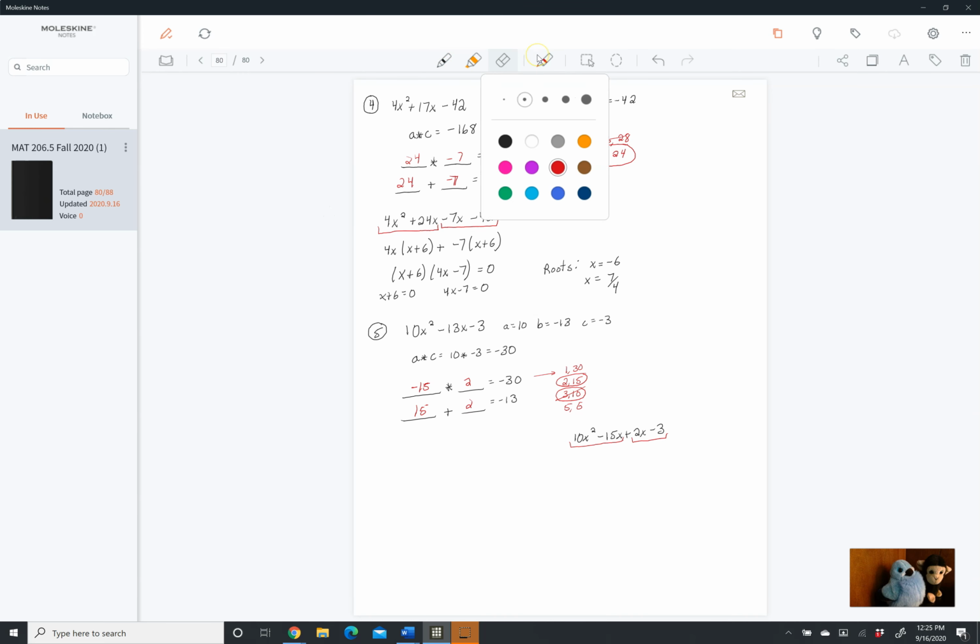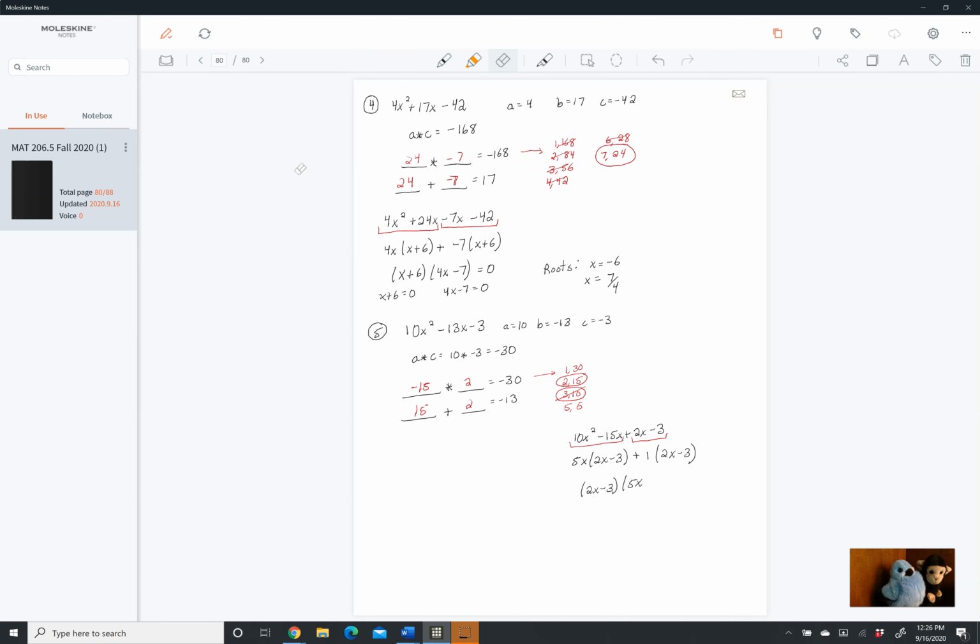From the 10x squared minus 15x, we can pull a 5x. And we are left with 2x minus 3. Plus, can't pull anything from 2x minus 3, so we just have a 1. Times 2x minus 3. So we pull out the 2x minus 3.